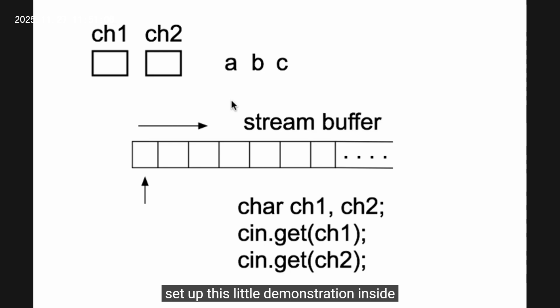I've set up this little demonstration inside of a graphics program so that I can represent what's going on graphically. So, I set up a stream buffer here, and this is controlled by the operating system. When the user types letters on the keyboard, the operating system keeps track of which letters are typed using a stream buffer.